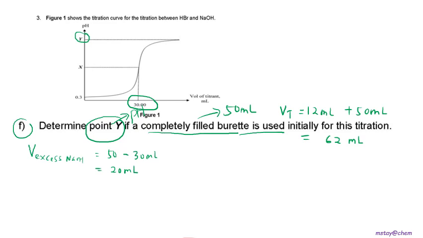With the volume of the excess NaOH, we can find out the number of moles of excess NaOH, using the formula MV over 1000.